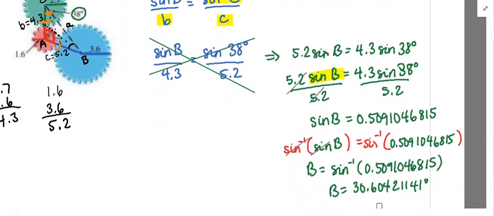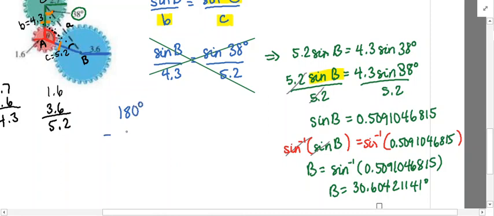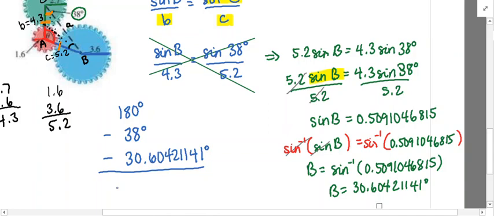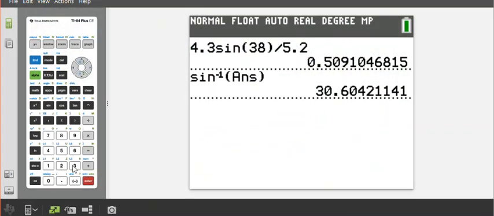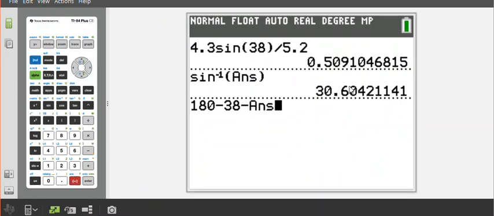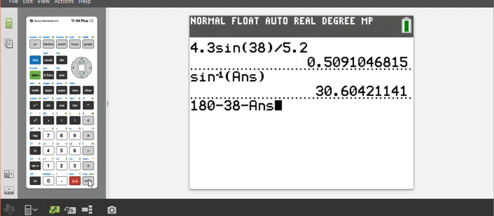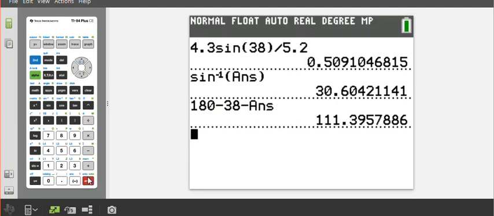So we know there's 180 degrees in our triangle. We have to subtract out angle C, which is 38 degrees, and we have to subtract out angle B, which is this mess. And that's going to give us the measure of angle A, or angle theta. So let's do it. 180 degrees minus 38 degrees minus, I'm just going to call up the previous answer or just retype it. Here's the measure of angle A, or angle theta.